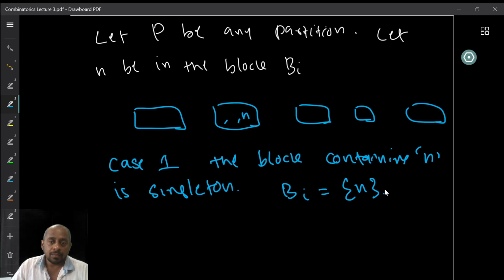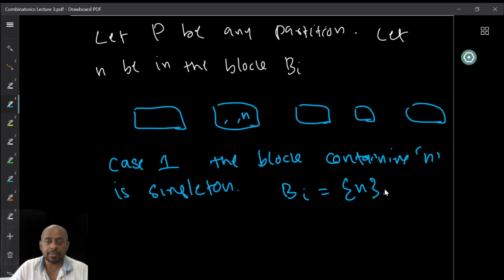Now, whenever a block contains n as a singleton, I can remove this block, and then what do I get? I will get k minus 1 blocks, which is a partition of the set 1 to n minus 1, because the element n is not there in any of the other blocks, and we have removed the singleton containing n.